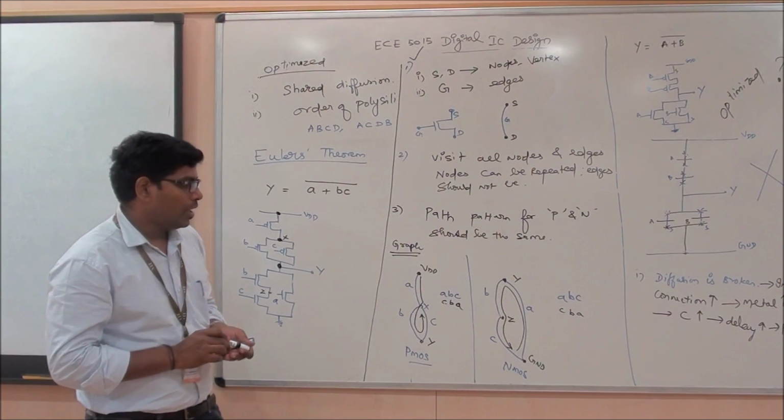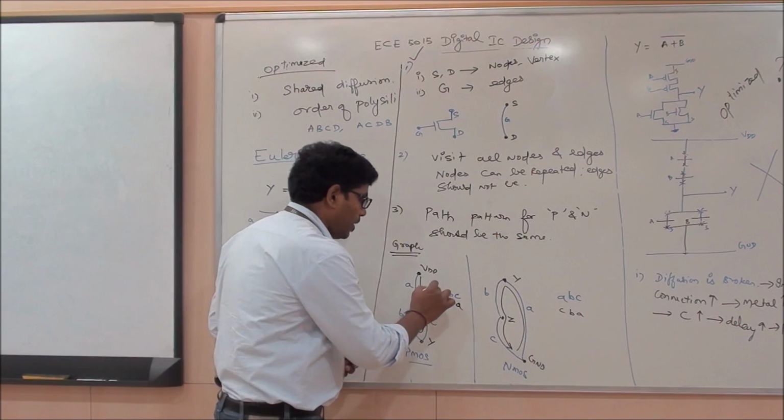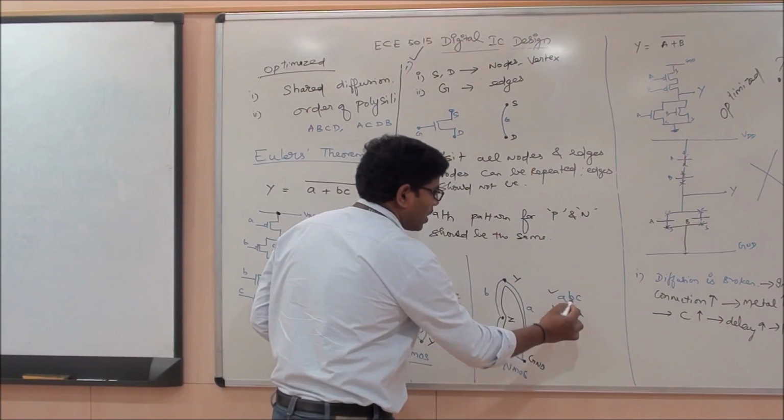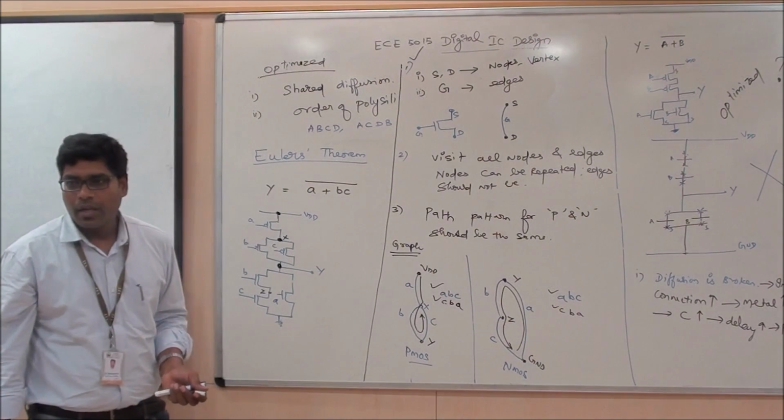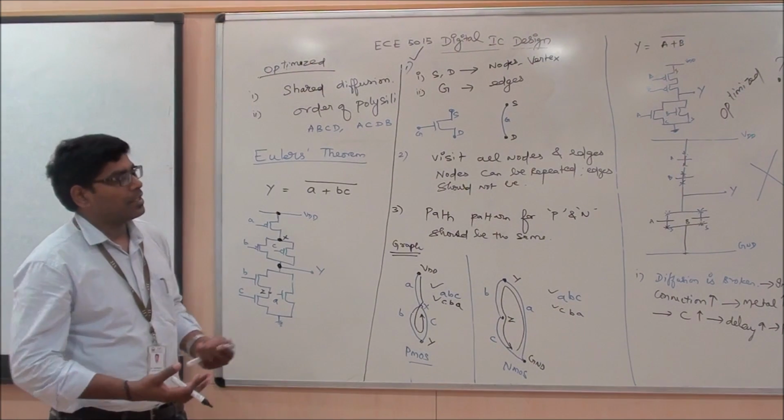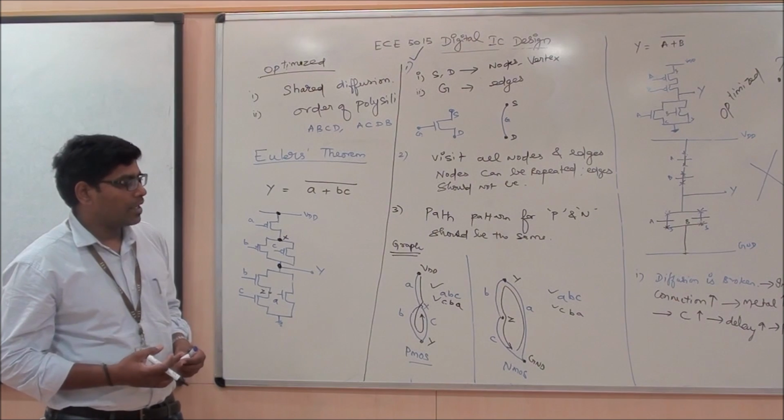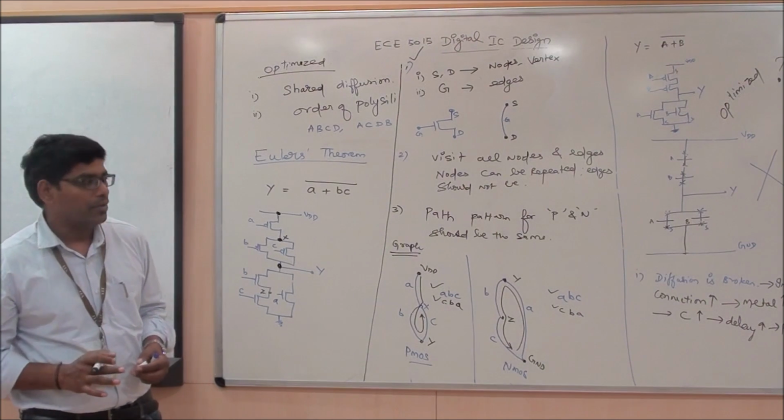So as of now, the solution could be ABC, CBA, or you still have n number of solutions, right? As I said, it doesn't have a unique solution.